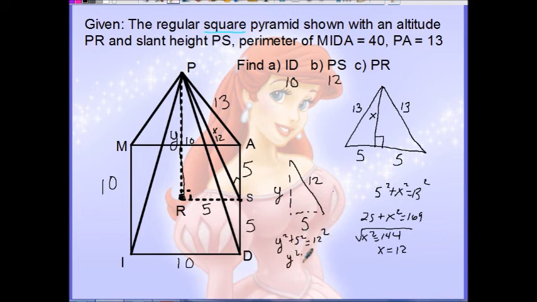Y squared plus 25 equals 144. Subtract 25 from both sides. And y squared equals 119. Square root that and simplify. Nothing divides in evenly to give us 119. So y is going to stand as the square root of 119, which is what my PR segment is.